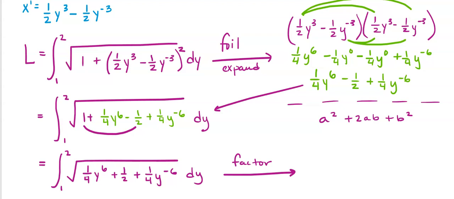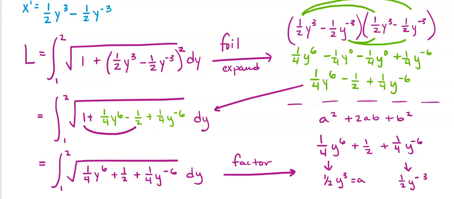Looking at my 1/4 y to the 6th plus 1/2 plus 1/4 y to the negative 6th, this is showing me that 1/2 y to the 3rd is my a, and 1/2 y to the negative 3rd is my b. If I multiply these two together and multiply by 2, 1/2 times a half is a 4th, times 2 would give me a half.